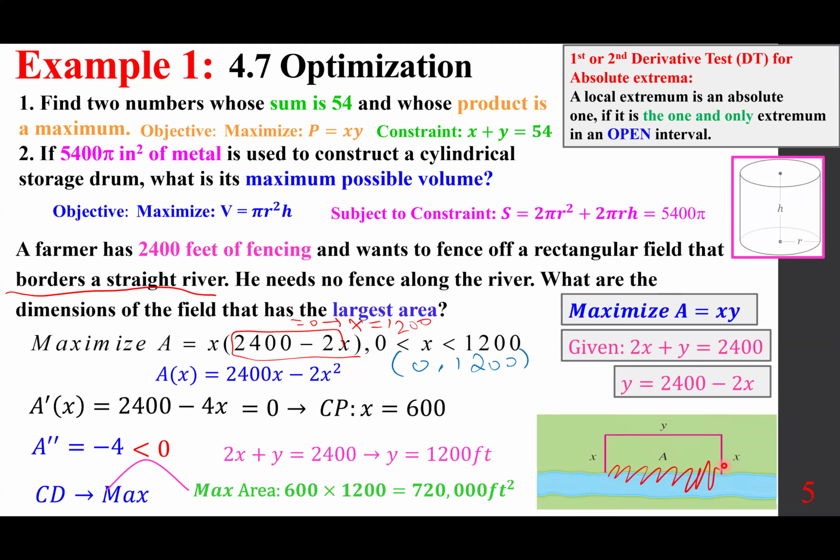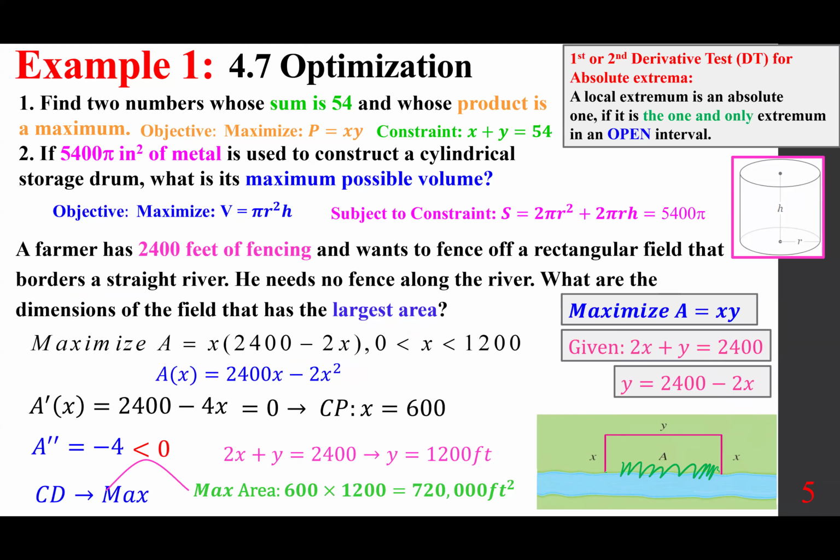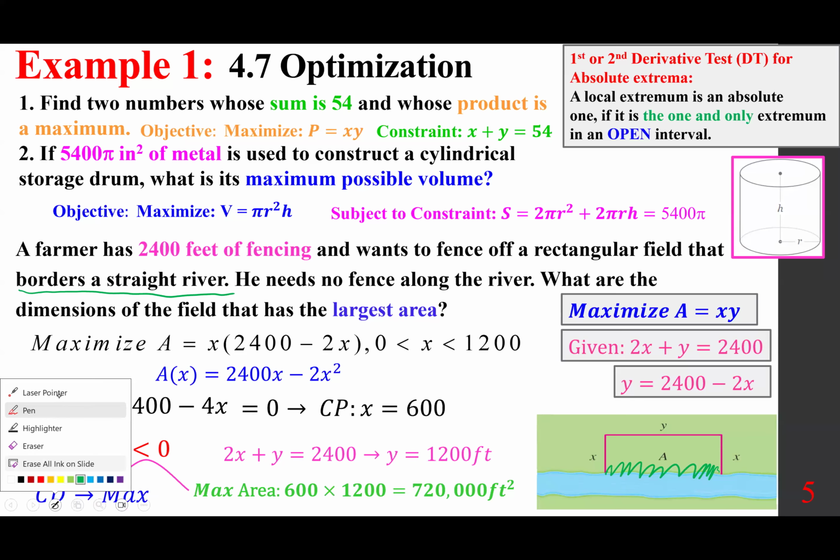And then the parameter is normally 2x plus 2y, but again, this side borders a straight river and doesn't need anything. So 2x plus 2y changes to 2x plus 1y equals 2400.